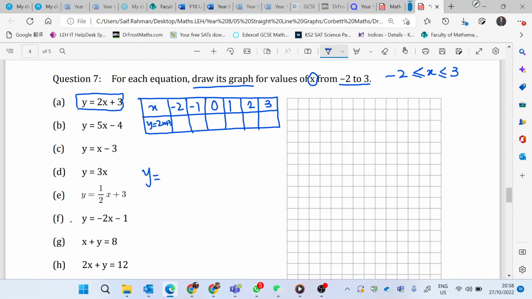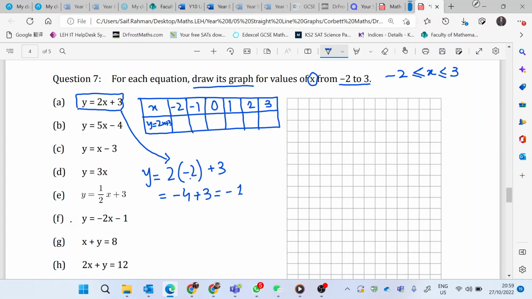For the first point, we put -2 in place of x. So y is equal to 2 times -2 plus 3. In this equation we have put the value of -2 in place of x, and now 2 twos are -4, and plus 3 gives us -1.